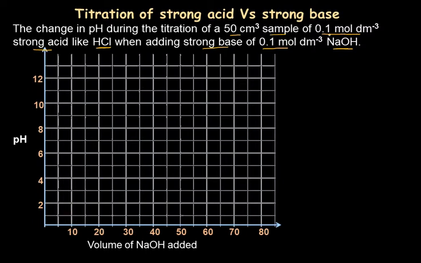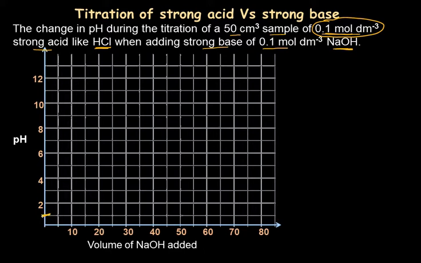As we have taken 0.1 mol per dm cube of acid and we are adding a base to it, the starting pH will be the pH of the 0.1 mol per dm cube HCl. If you know the method of calculating the pH, then you should know that the pH of a strong acid of 0.1 mol per dm cube should be 1.